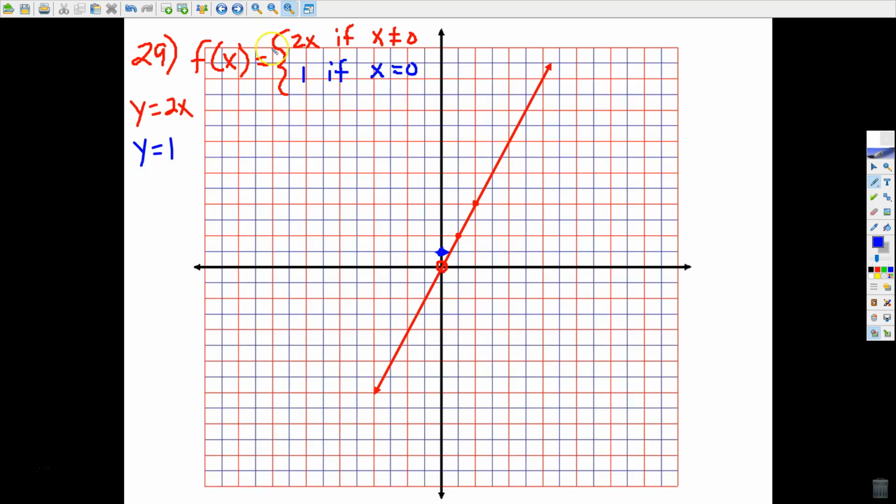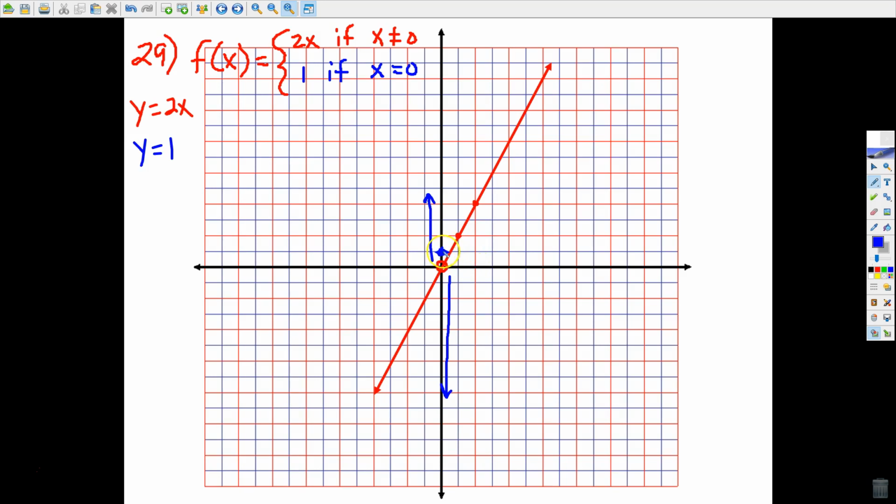Now let's take a look at the range. All right, range means looking vertically at what numbers along the y-axis would be used if you put the two pieces together. Well, from the origin down, we're using every number because that's the way this function is going. From the origin up, we're using every number.